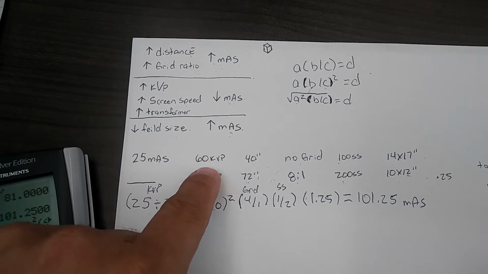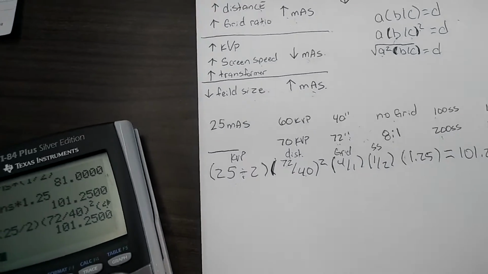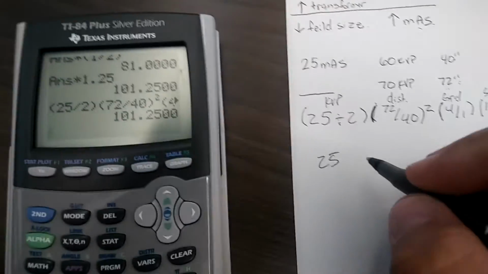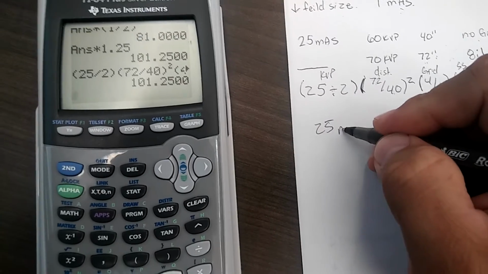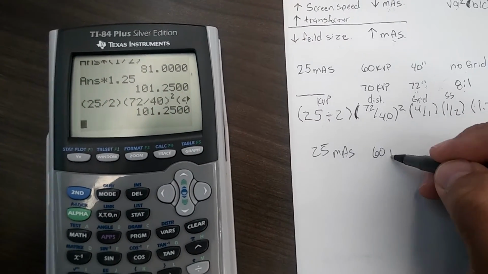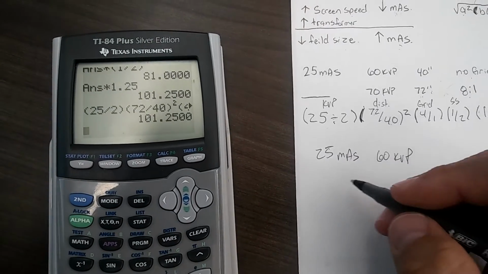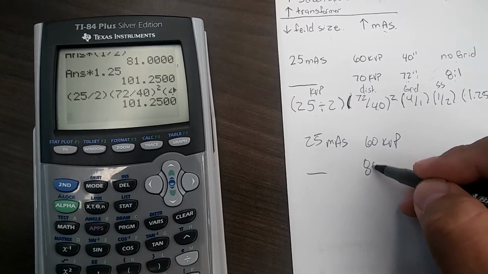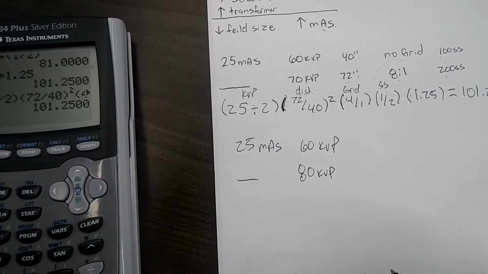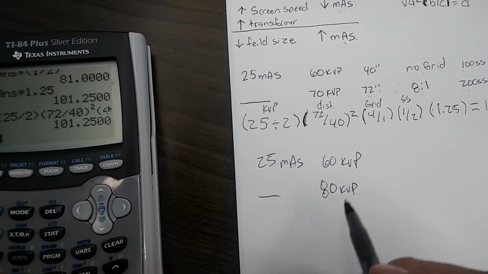Again, let me explain this one that might confuse people. Let's say we have 25 mass, this is messing me up, I'm not going to lie, at 60 kVp. What mass at 80 kVp? Well, in the calculator, I've gone up 2 times.